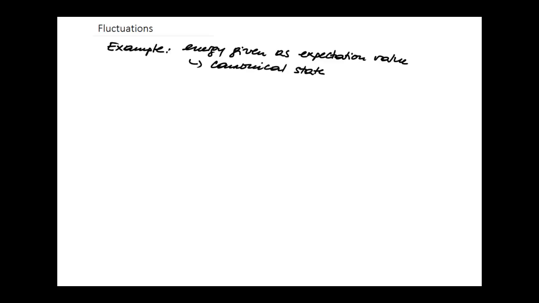So again, just like in the harmonic oscillator example, the energy is given as an expectation value, and hence we work with a canonical state. This is now not limited to the harmonic oscillator. This is a general consideration. So we take an arbitrary system macroscopically characterized by the expectation value of energy, and hence its macro state has the form of a canonical state.